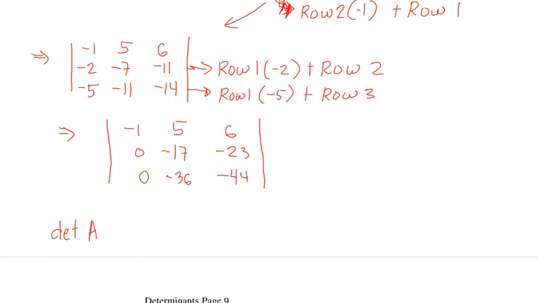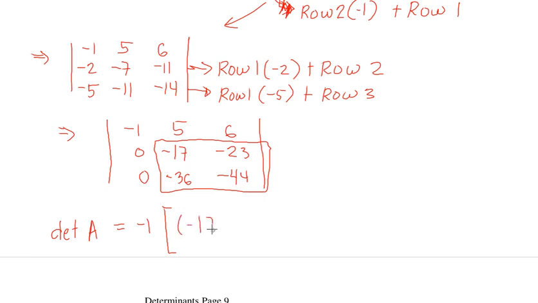So, yung magiging value natin dito, negative 1 times this is the 2 by 2, the product of the downward diagonal minus the product of the upward diagonal. So, meron tayo dito. So, that is negative 1. Ilabas natin yung negative 1 na coefficient natin. Ito yung matitirang element natin. So, that is negative 17 times negative 44.